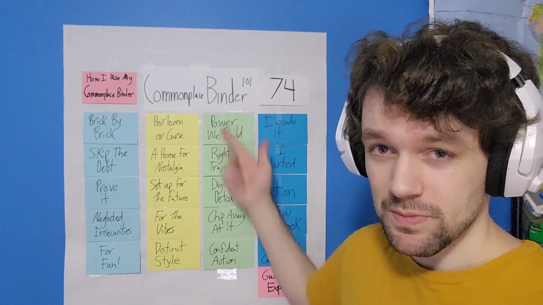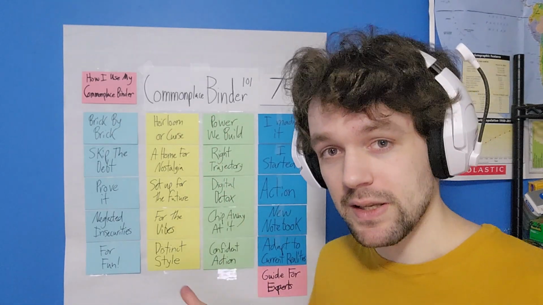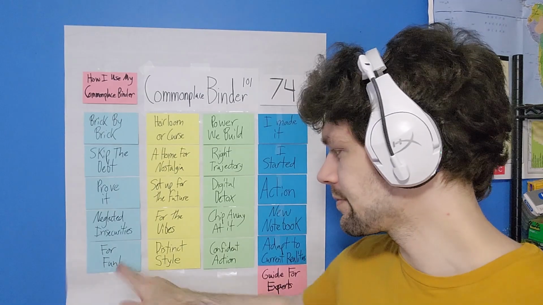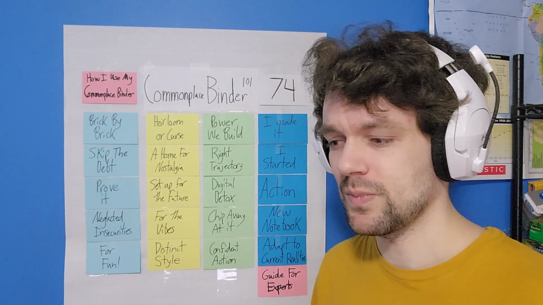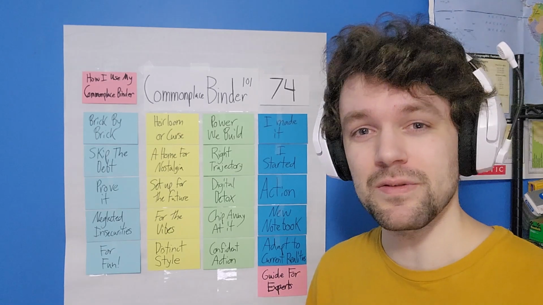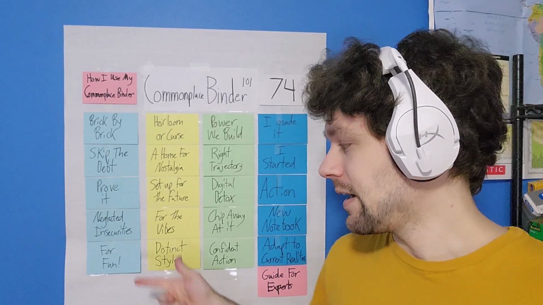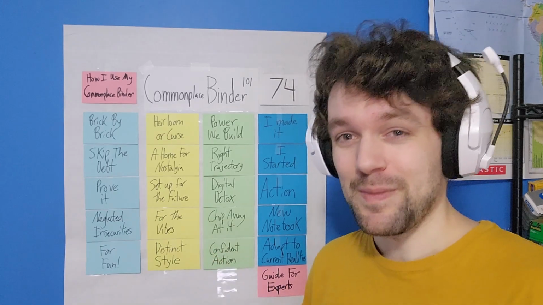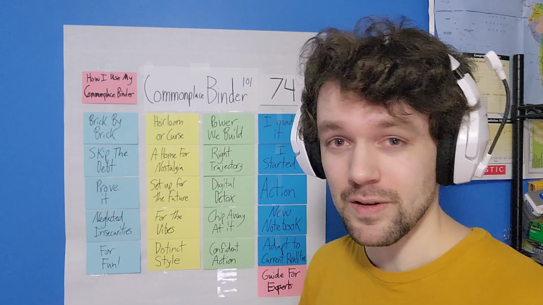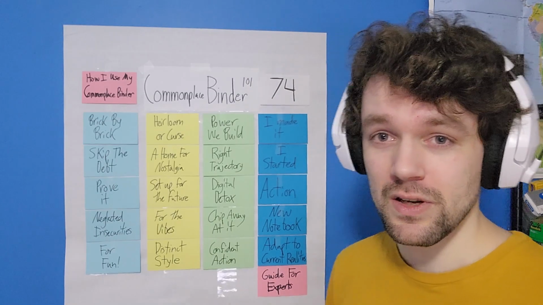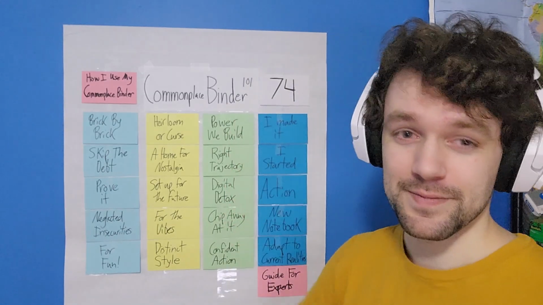So it might be good to just try this general Commonplace to put all your things for fun. So if you have free time, which it kind of feels like we don't really have anymore, maybe you can do this for fun. Maybe you can take a break and try out some interesting thing from hundreds, if not thousands of years ago that has been modernized as a binder.